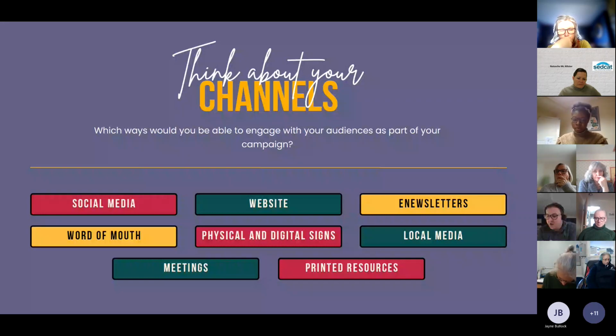Again, you can link to websites and other places to push people around your different channels, and you can get all kinds of data from e-newsletters as well, like open rates and click rates, so you can see who's engaging with your content, how successful it's being, and what type of content's working and what's not.